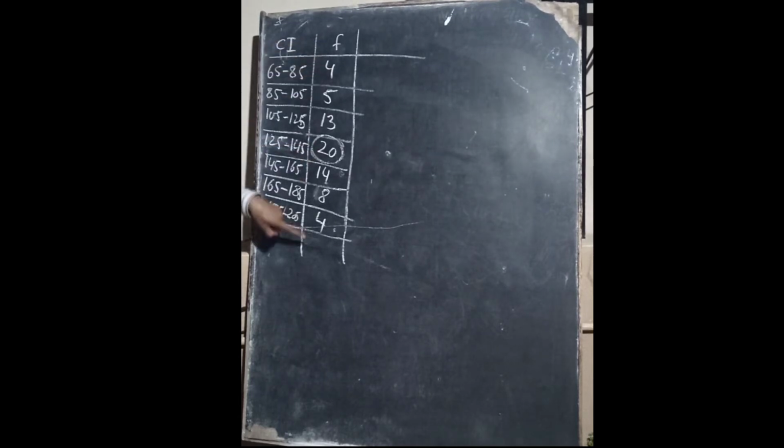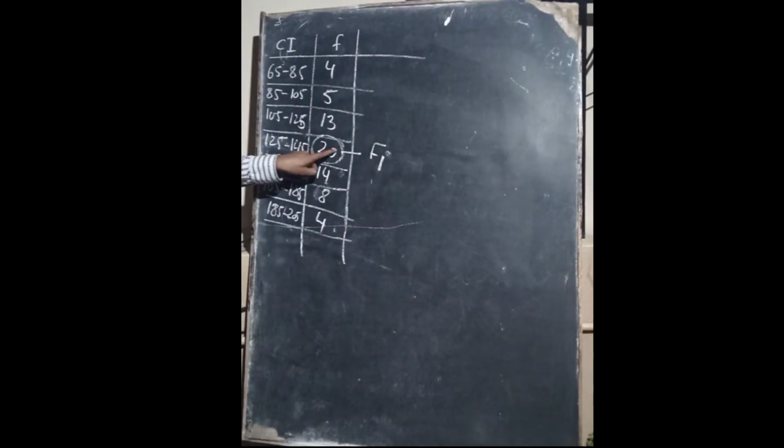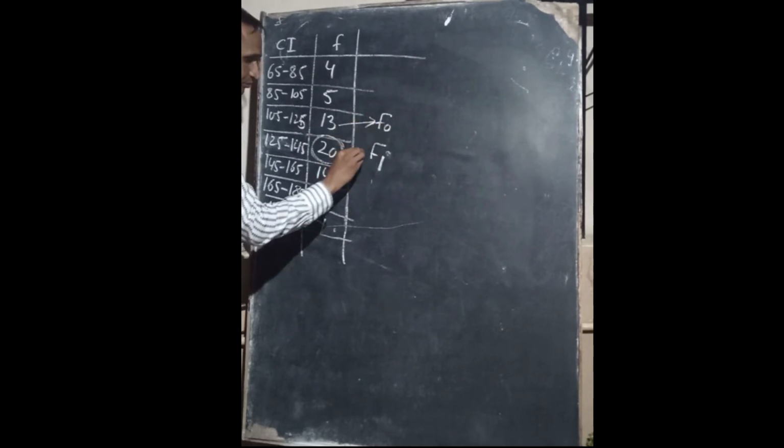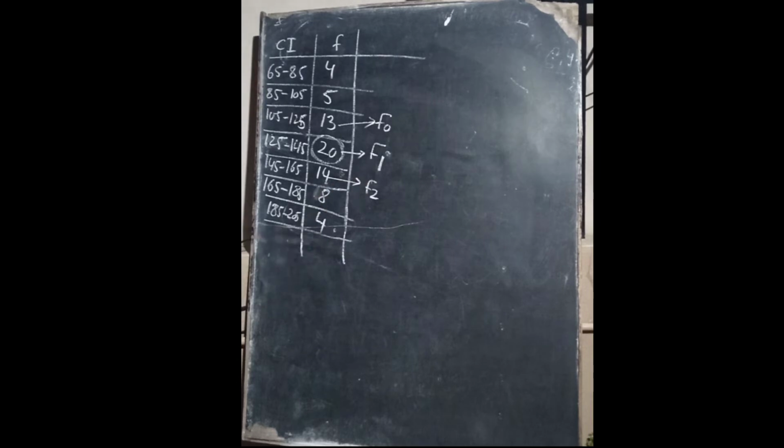Which is the highest number? 20. So 20 is the modal class, and this is called F1. Now just above this one, the preceding, is called F0. Downside of this is called F2. Which number came more?